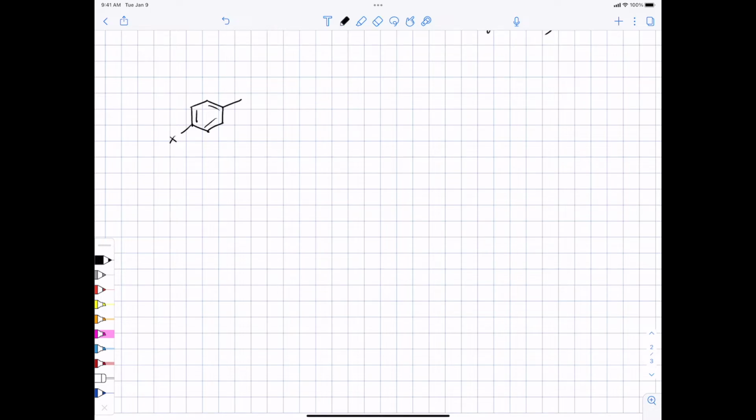Oops, somehow I'm getting away from the pencil functionality. So here's H, and here is another benzene ring. And we're going to measure the solvolysis rate in ethanol. Essentially, this is an SN1 reaction. And we're going to measure the rate constant for this reaction, and we'll call it kX. And we'll be looking for the formation of this substitution product.